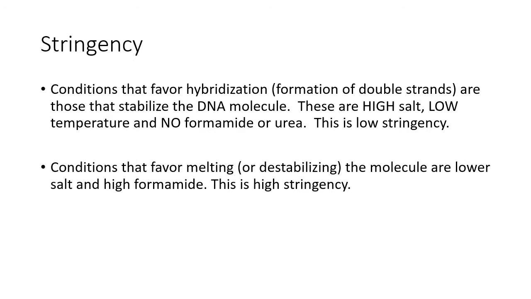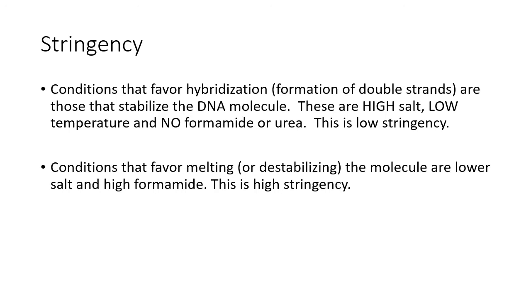Stringency. For example, if we have conditions of high salt, this is going to be relatively low stringency because we can allow some imperfect matches to form. High salt, clearly low temperature will favor non-specific interactions, and no formamide or urea.